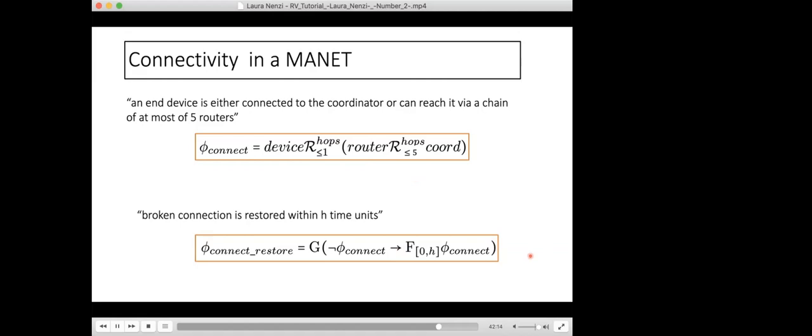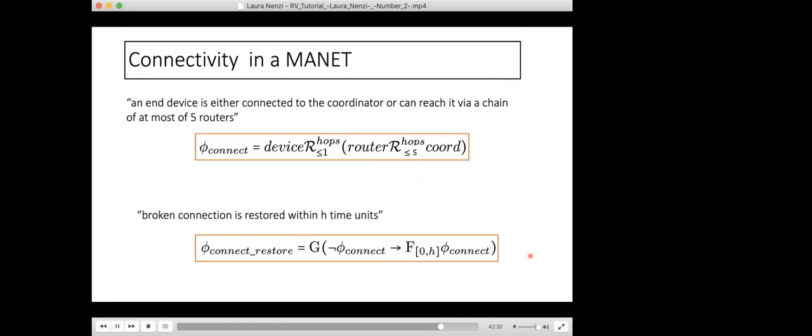One problem that this property can have is that maybe we are not sure that this should be so.